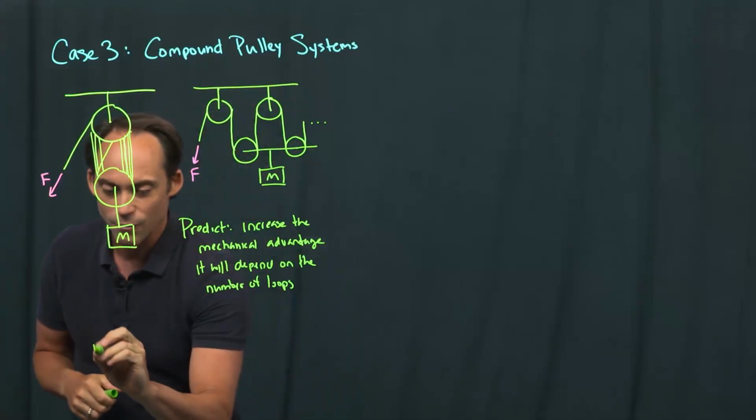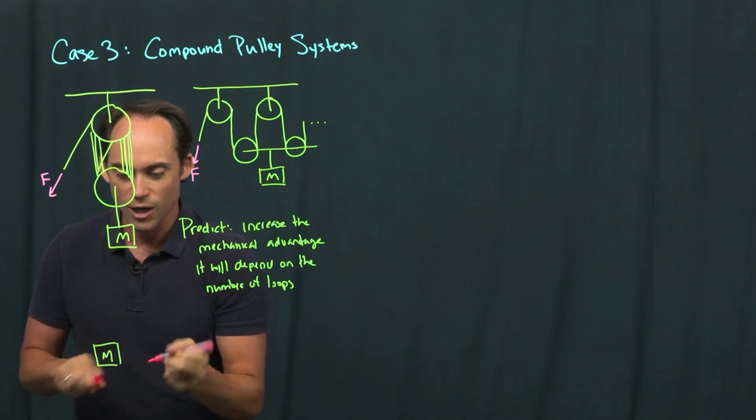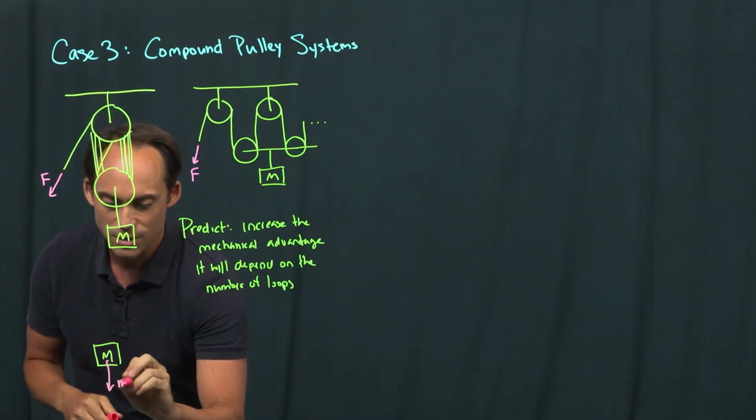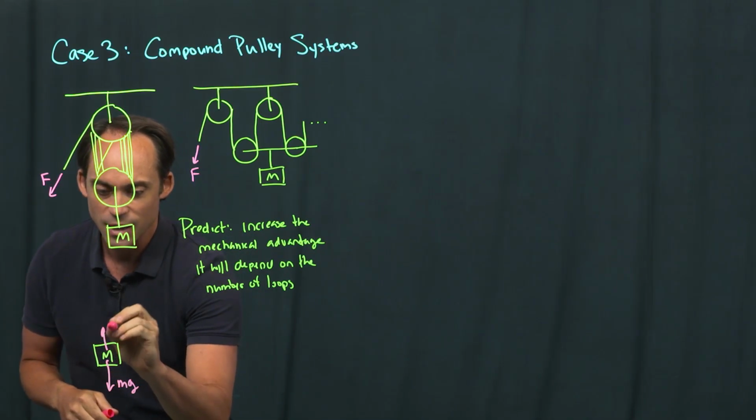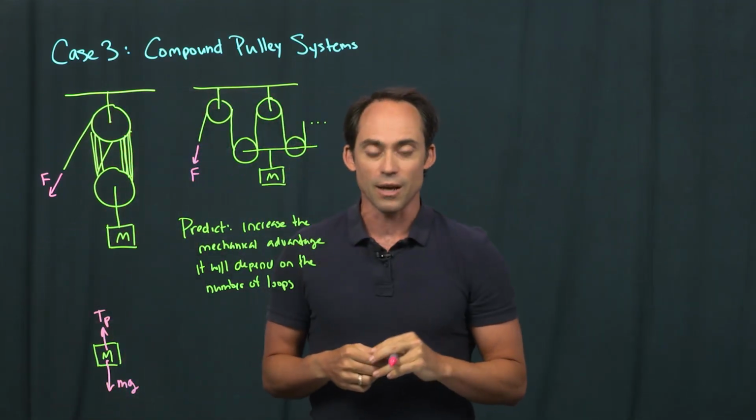Let's draw a force diagram for our mass first, because that's going to be the easiest one. All right, we already know that we're going to have a weight pointing down and the tension from the pulley immediately above it pulling up.